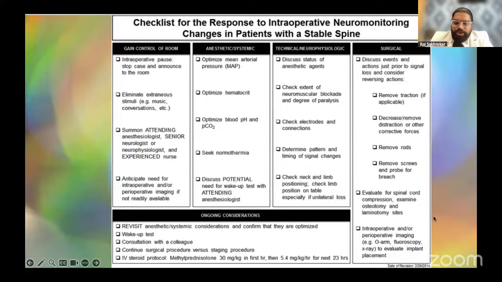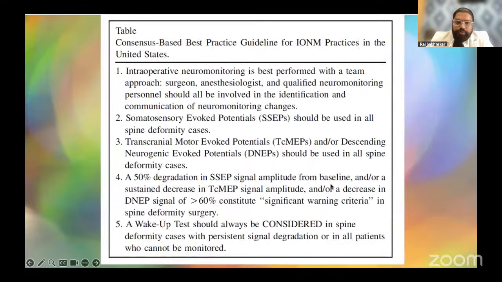Before that, I will discuss the table. The consensus table, most of it has been covered, but we'll discuss the 5 important points from the Michael Vitale, Lenke, and Steve Lewis article. The table gives the 5 most important points. It talks about a team approach: the surgeon and anesthetist, as Dr. Siddharth Shah and everyone was saying, communicating.